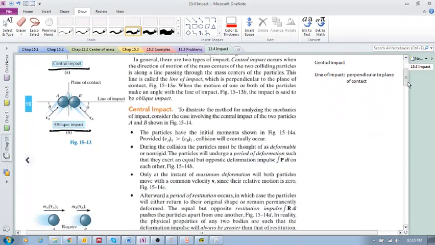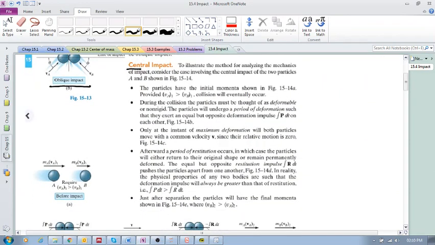Now let's have a quick look at central impact. Remember, we're trying to get to the point where we derive the coefficient of restitution. So say now we've got two particles.